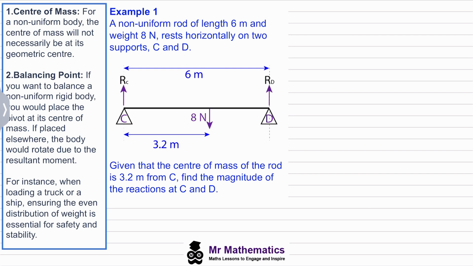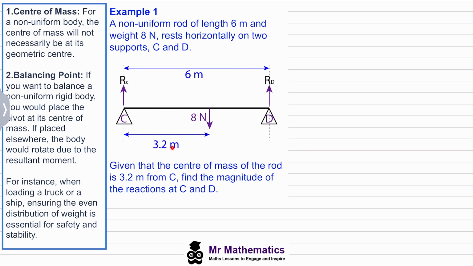Okay, so there's quite a few things to consider here. First, this is at rest, which means there's no vertical or horizontal movement. We also know that because it's not uniform, this 8 newtons does not act at the centre of the rod.